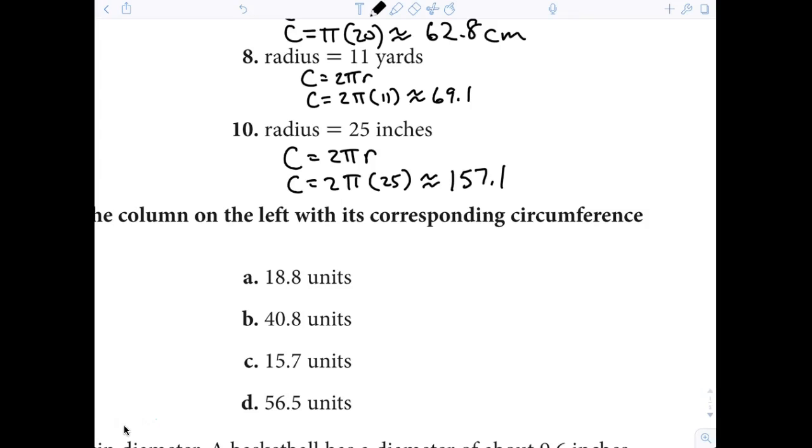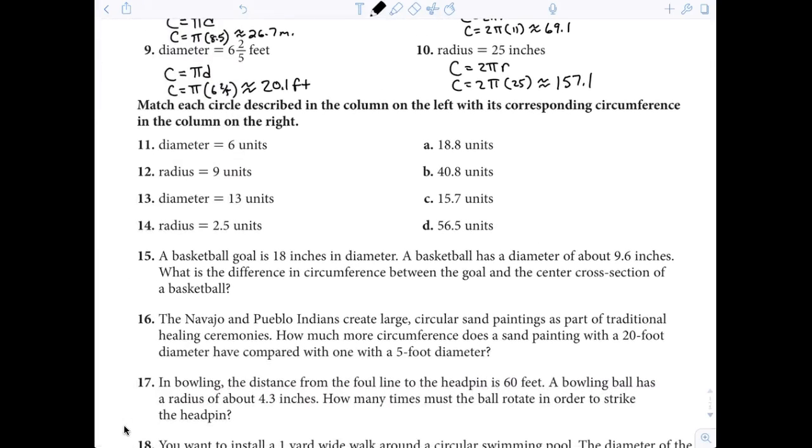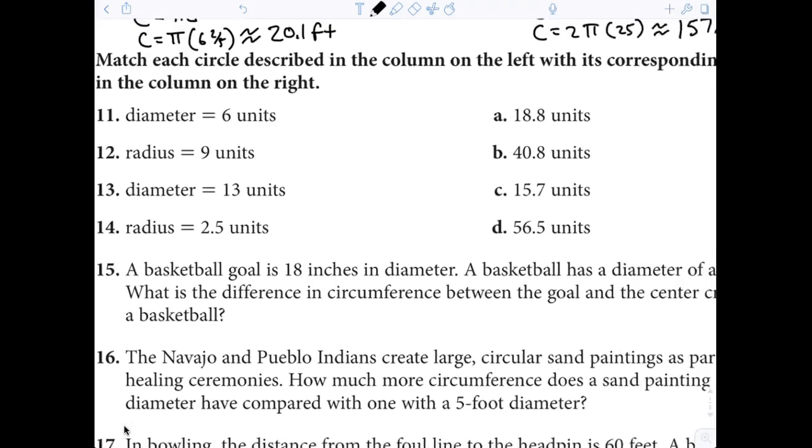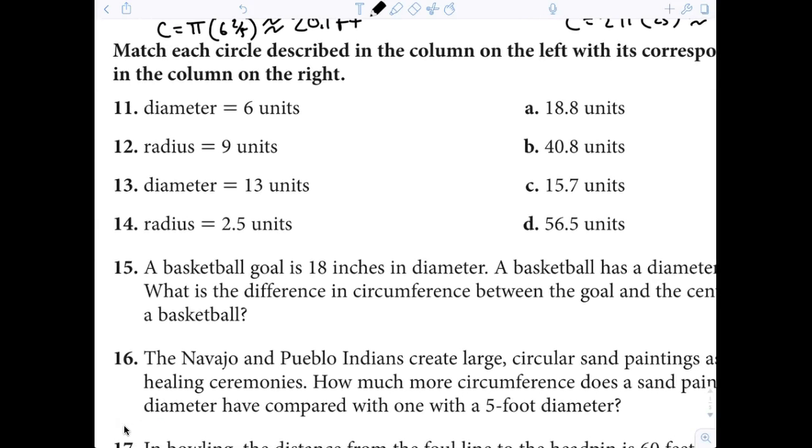Okay. Now let's look at number 11. So here, I don't know why, I think this is kind of silly, but we don't have to do A, B, C, D. Just tell me how to do it. Okay, and then, good. 18.8 units. Okay, Joseph.